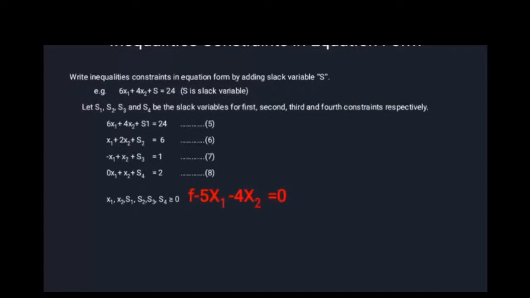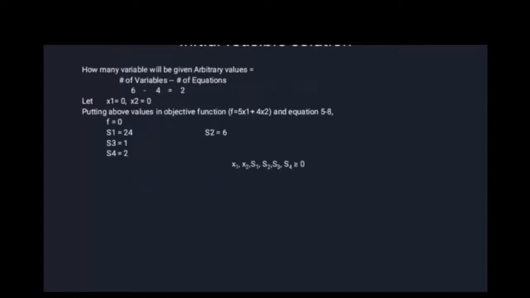So we move to step 3 of the simplex method of linear programming, which is the initial feasible solution. We have to calculate arbitrary values of these constraints. Arbitrary values consist of number of variables minus number of equations.